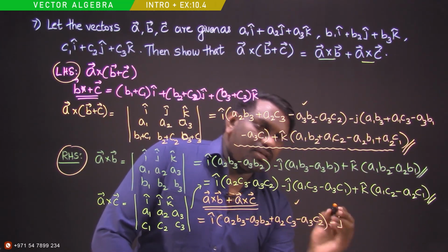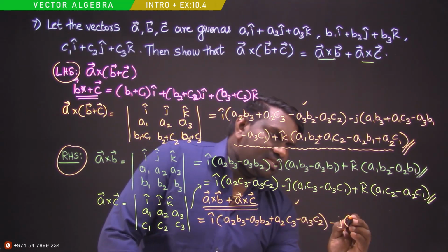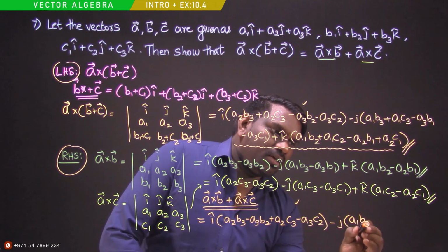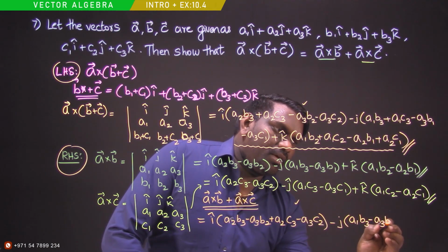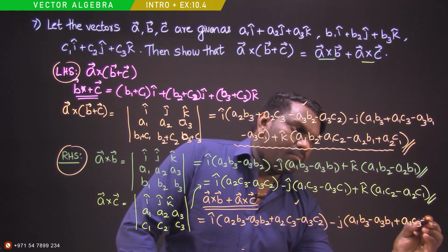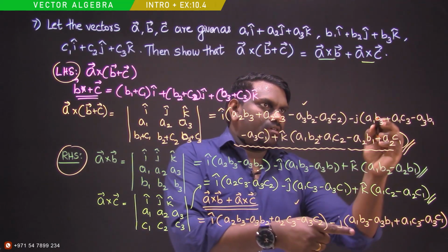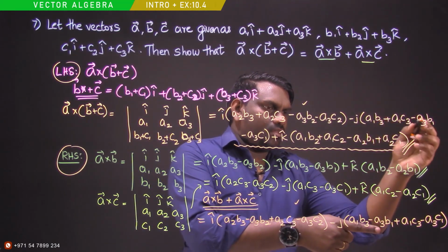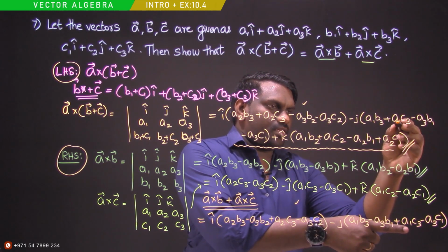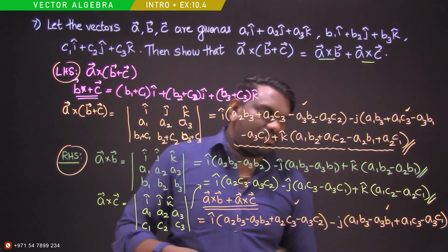Okay, the next one. Minus J, obviously, when you're adding it, minus J will be minus J itself. Then the terms inside: A1 B3 minus A3 B1, and here A1 C3 minus A3 C1. Let's check that. These two together, yes, that too is perfect.